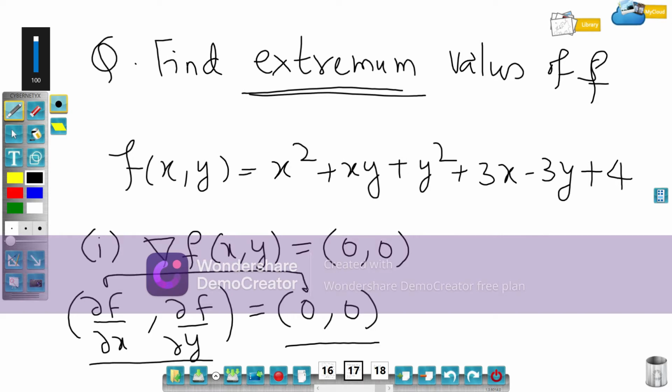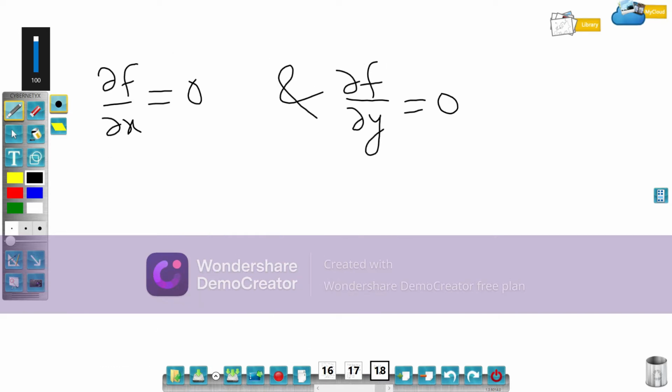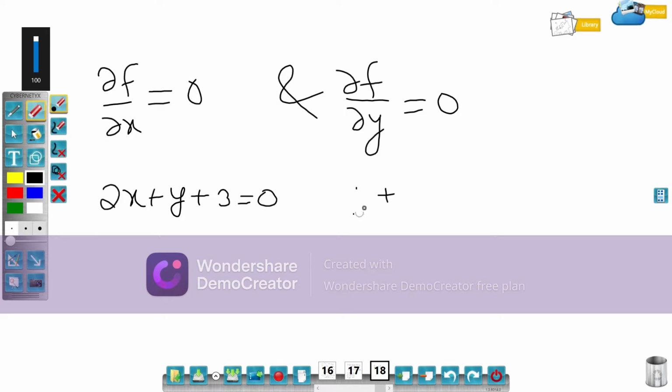So what is dou f by dou x? 2x plus y plus 3 equal to 0, and dou f upon dou y is x plus 2y minus 3 is equal to 0.